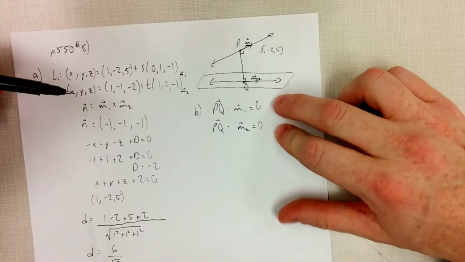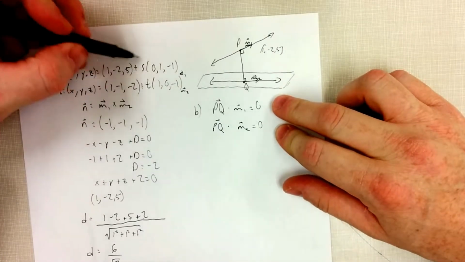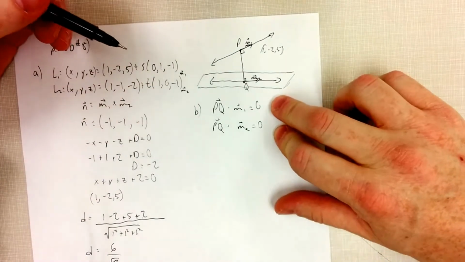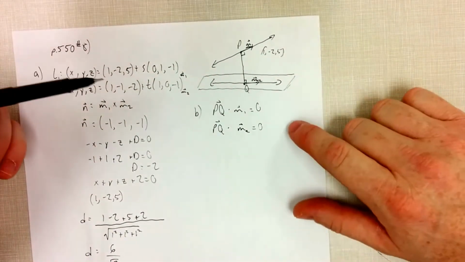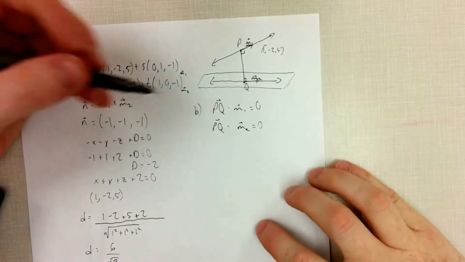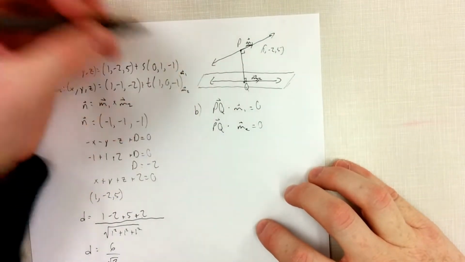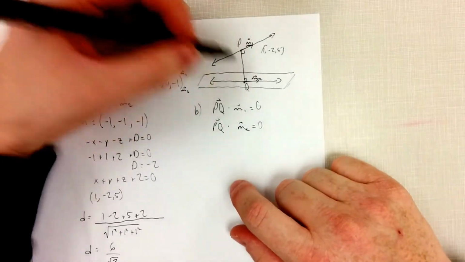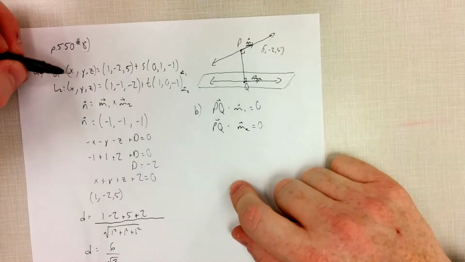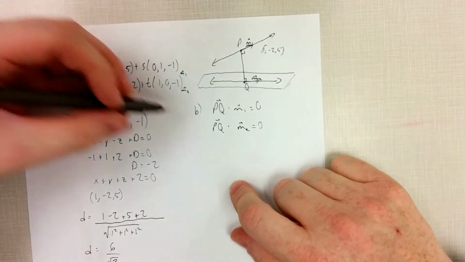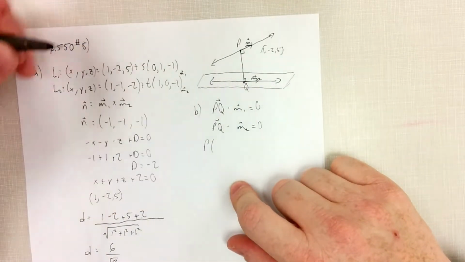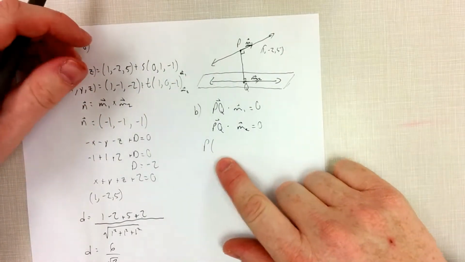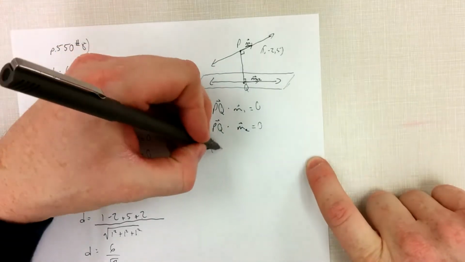Now this is going to set up a system of equations because PQ will have both s and t in it, and M1 and M2 are both known, so they have no variables in them. We'll end up with 2 equations and 2 unknowns. We should be able to solve that fairly easily. In order to get PQ, we first have to have a P and a Q. Since P and Q are both unknown points on these two lines, I can use the parametric equations of the lines as the coordinates of these points.